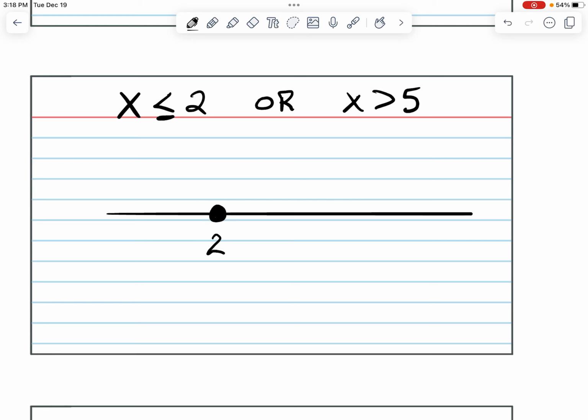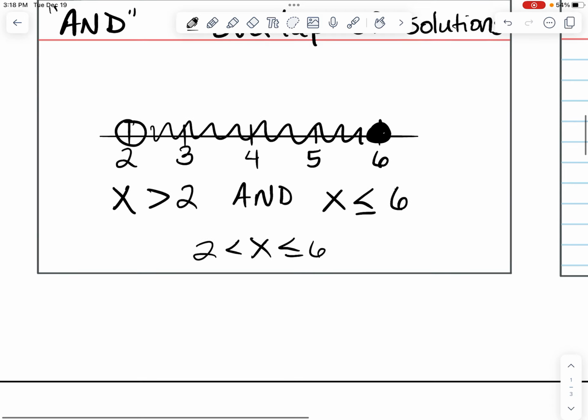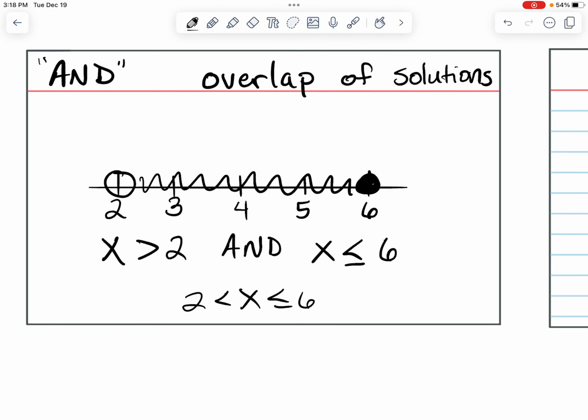Less than or equal to would be a closed circle here at 2, shaded to the left, because 1 and 0 and -1, these would all be on the left-hand side of 2. Or x is greater than 5. So here at 5, it would be an open circle, and these numbers to the right of 5, 6, 7, 8, and 9, all the way to infinity, would be shaded.